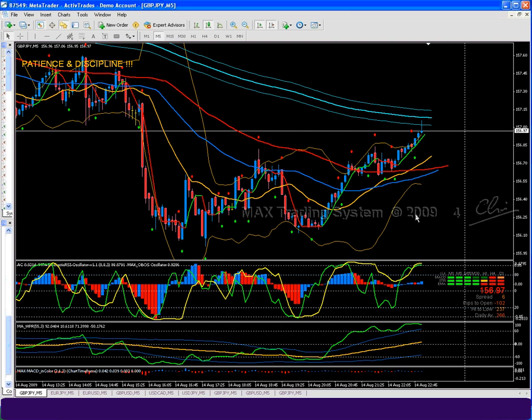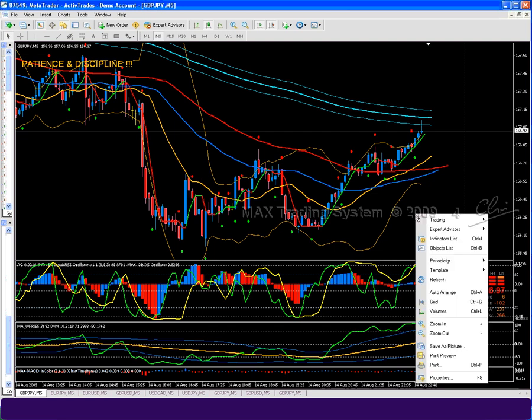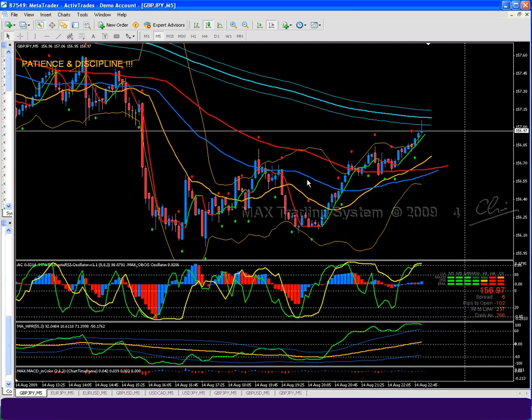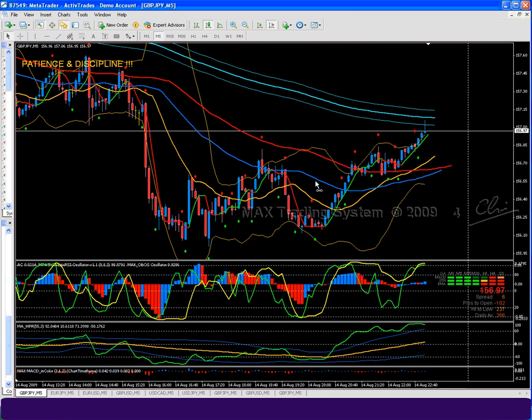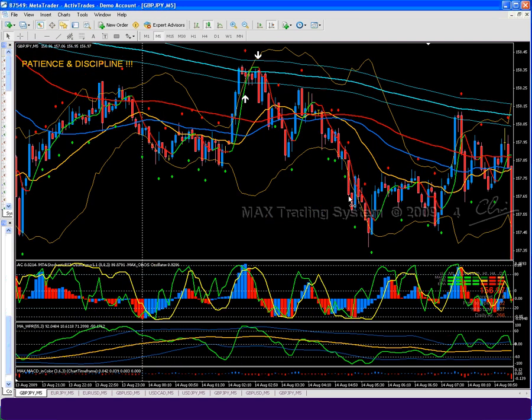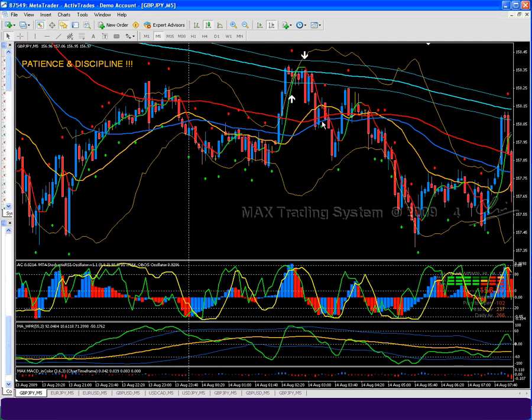There are also some other comfort indicators you can eventually use. For example, let's take the template C. Here, let's see. We have some indicator which gives you white arrows here. These arrows appear when the price crosses down or up the home baseline.